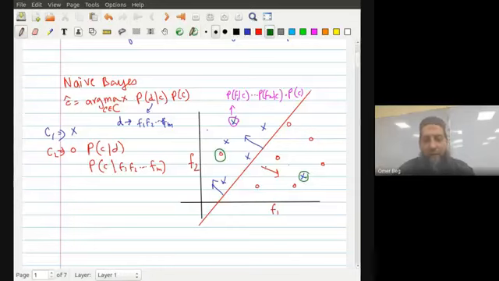Otherwise, all the other documents would be classified correctly. So this is the main idea behind logistic regression as compared to naive Bayes, which looks at each document separately and trains. Logistic regression, however, learns this function that differentiates between the two classes.